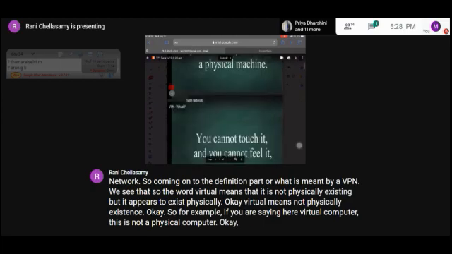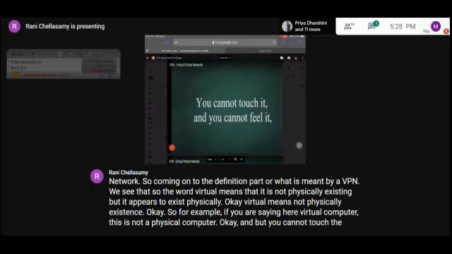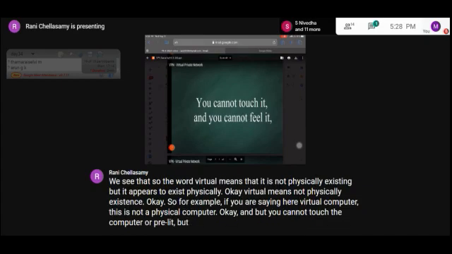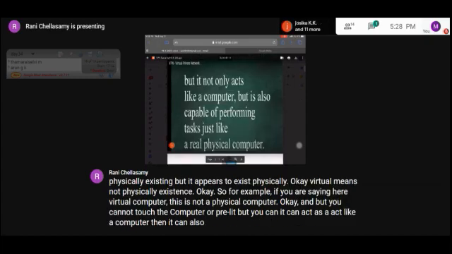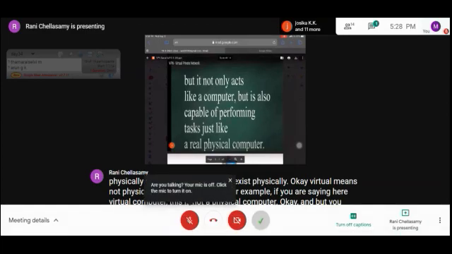You cannot touch the computer or feel it, but it can act like a computer and perform tasks just like a real physical computer.